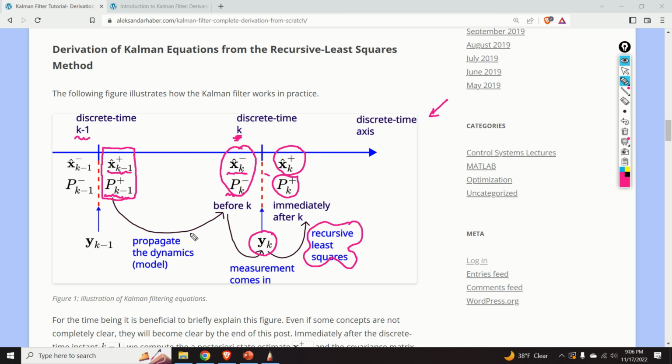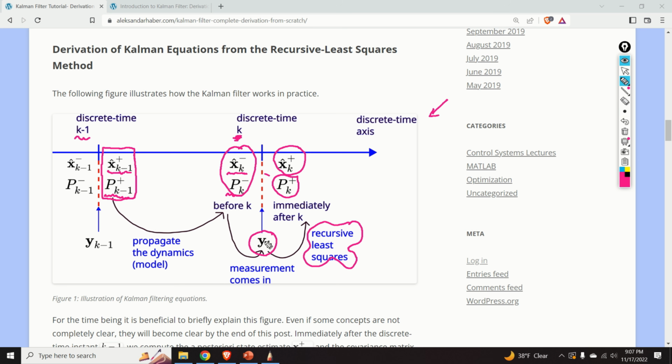We propagate the a posteriori estimates and the covariance matrix from the previous time step k minus 1 through the dynamics, and we compute the a priori state estimate and the a priori covariance matrix for the next time step k.